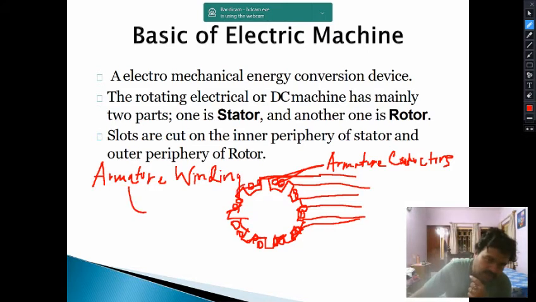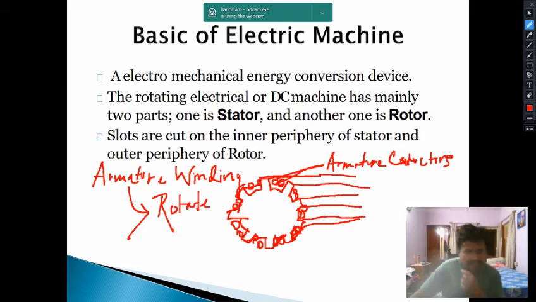So the winding will rotate as they are placed in the rotor slots, and the rotor will rotate when the magnetic field is there, as well as when the electric current is there through the armature conductors. So it will give you mechanical energy in case of a motor.